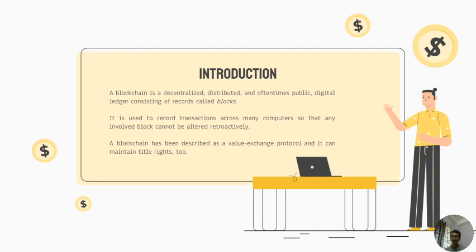Suppose I own something and I record that transaction into the blockchain, and now someone claims that my property is their property. Now they have to show it, right? They have to alter it in the blockchain, but altering information in the blockchain is not feasible and near to impossible. So this is also a good application of using blockchain.